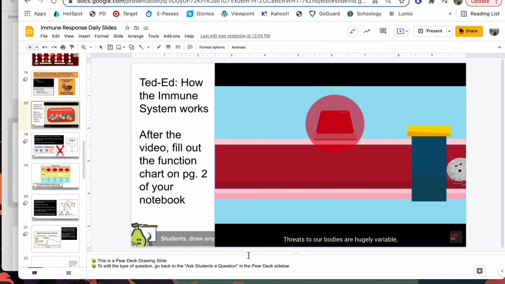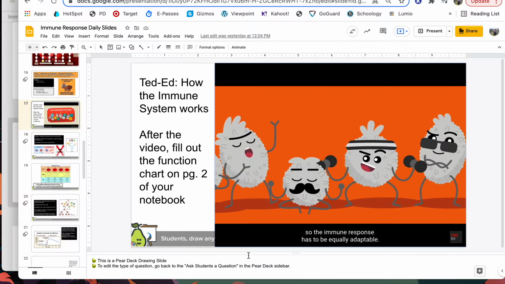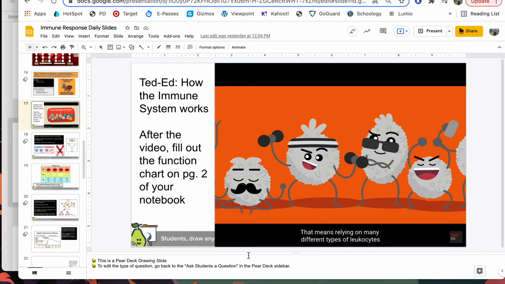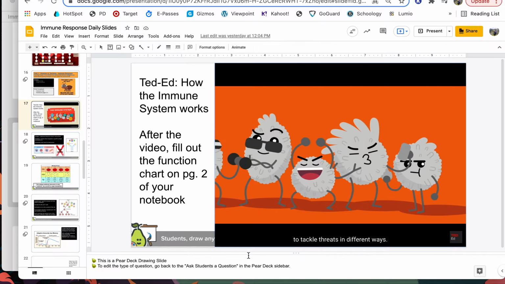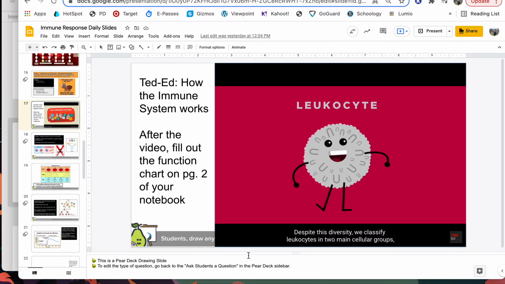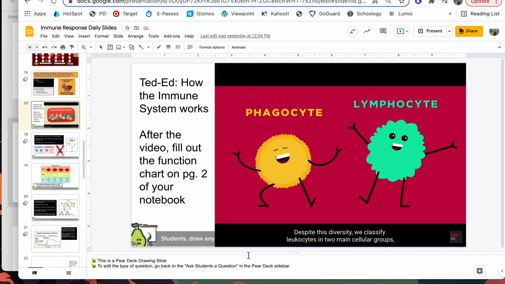Threats to our bodies are hugely variable, so the immune response has to be equally adaptable. That means relying on many different types of leukocytes to tackle threats in different ways. Despite this diversity, we classify leukocytes in 2 main cellular groups, which coordinate a 2-pronged attack.